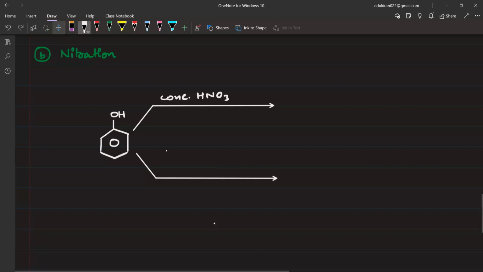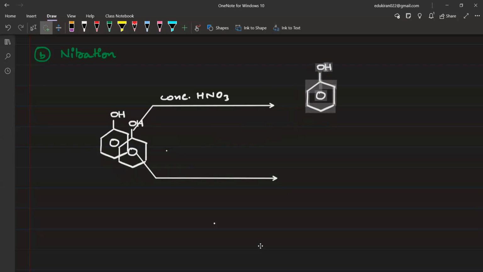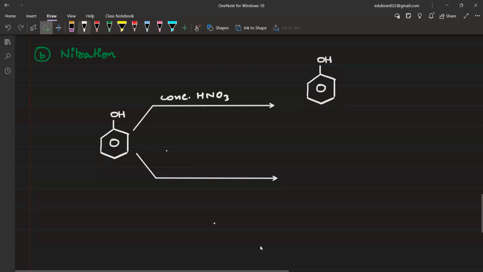I will get this phenol, which will be tri-substituted. That means you will be having NO2 in the ortho, in the para, as well as this other ortho.